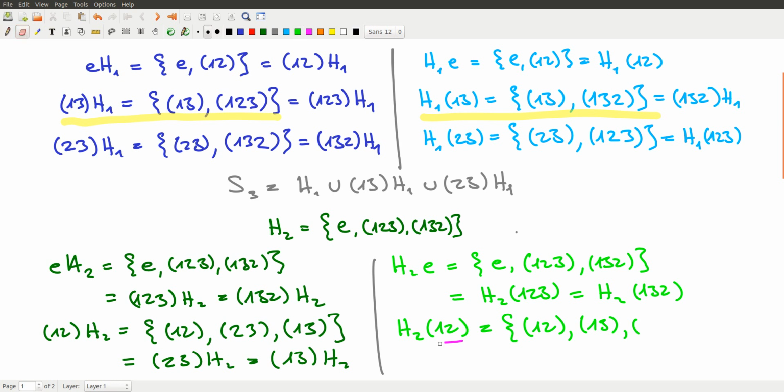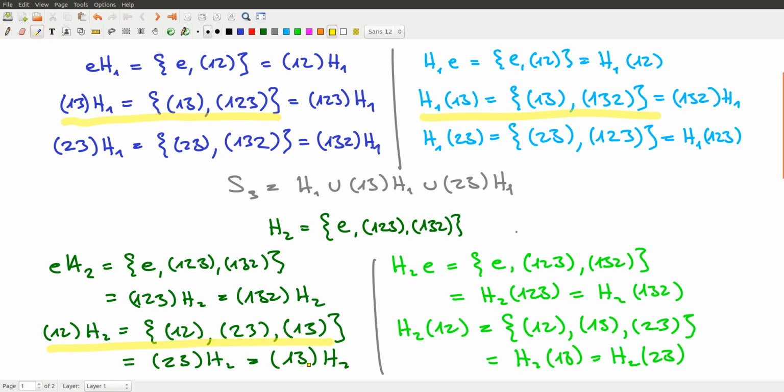Last element. (1 2 3) times (1 2). So what happens here? 1 is mapped to 2, 2 is mapped back to 1. You can remove that. 2 is mapped to 1, and 1 is mapped onto 3. 3 is mapped to 2. And that's the same automatically as the right cosets H2 times (1 3) and H2 times (2 3). And now in this case, left and right cosets are identical.